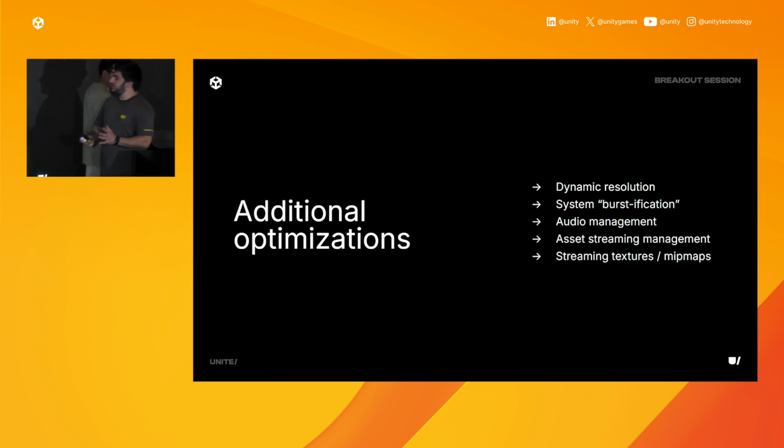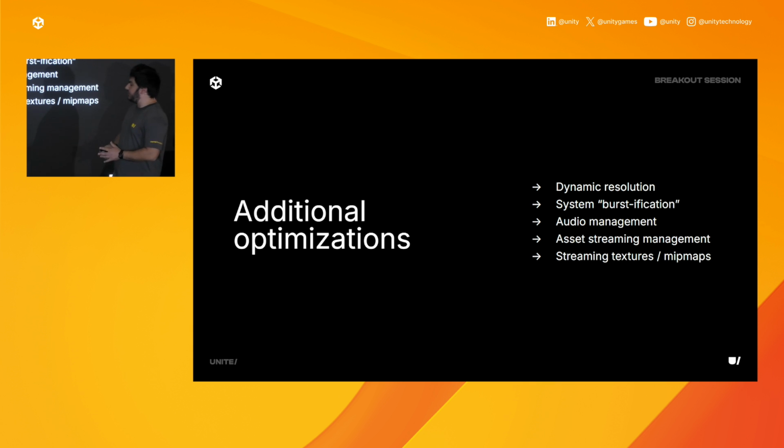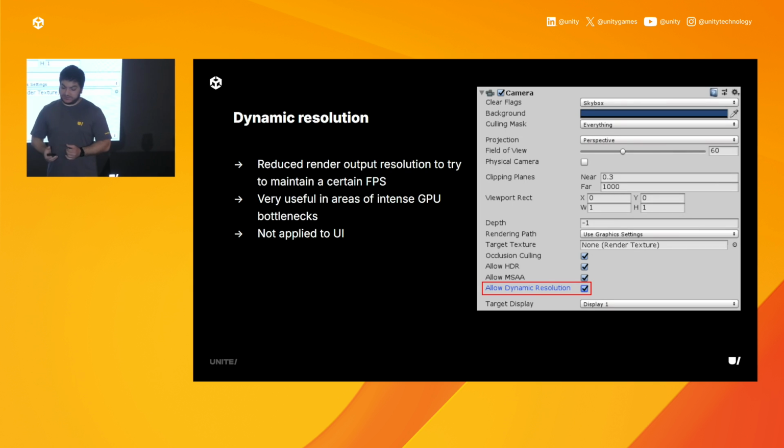All right, so now that we talked about the two major systems, let's talk a bit about the one-off optimizations that we did that couldn't fit in those two buckets, but were still incredibly vital to improving the performance of the game. The first one I want to talk about is dynamic resolution.